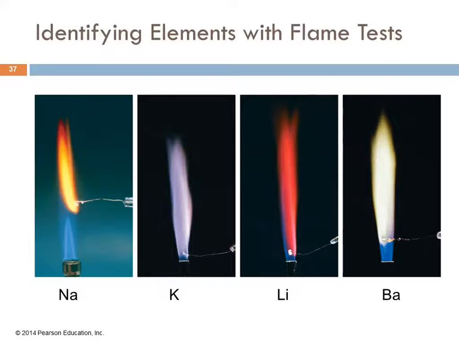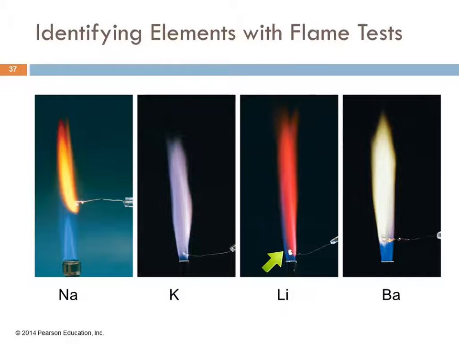We also observe that elements will give off light when placed in a flame. So if we have a solution of sodium ions and we put it on a wire and we stick it into a Bunsen burner flame, we see this flash of color, this really intense yellow color. Potassium is harder to see, but it will give this nice lavender color.